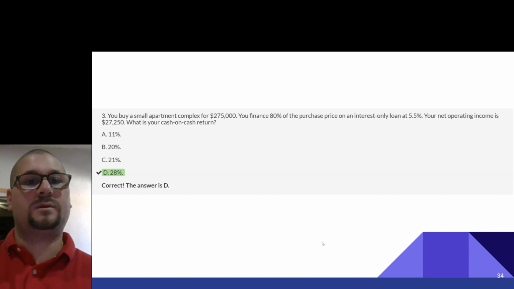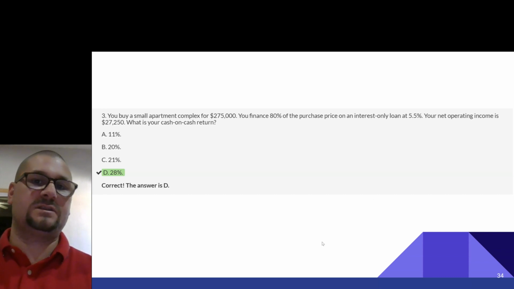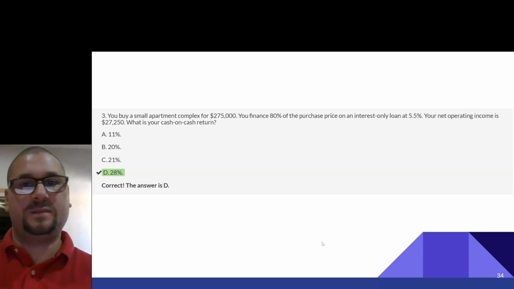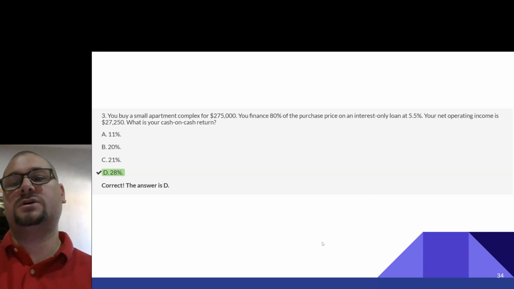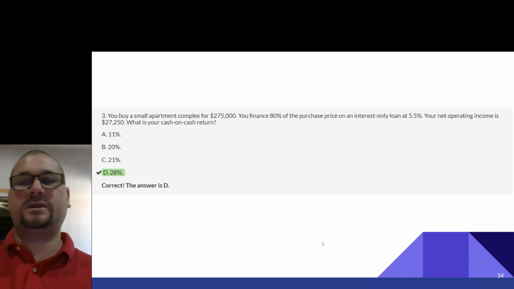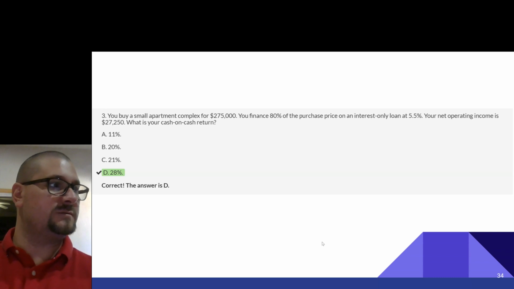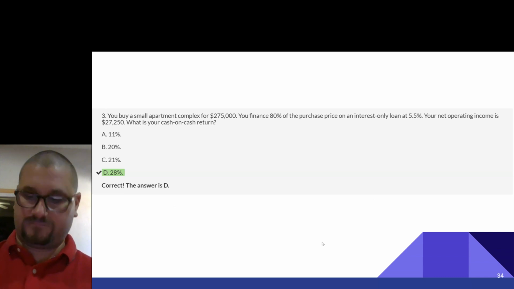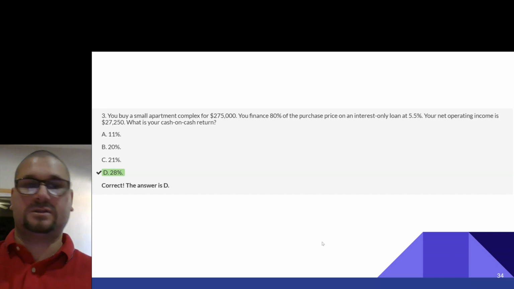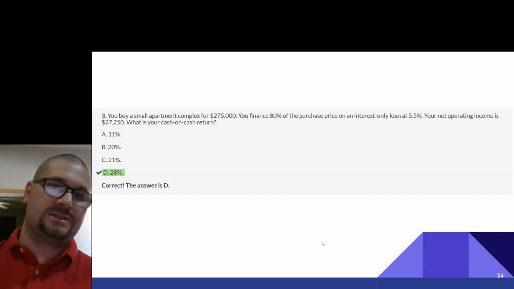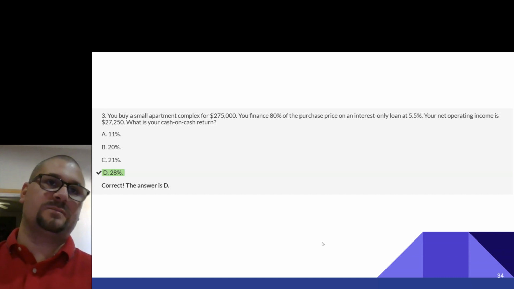So you buy a small apartment complex for $275,000. You finance 80% of the purchase price on an interest-only loan at 5.5%. Your net operating income is $27,250. What is your cash on cash return? So again, you want to get the loan value, you want to get the total cash.